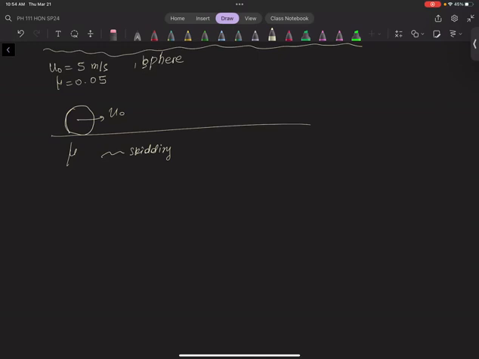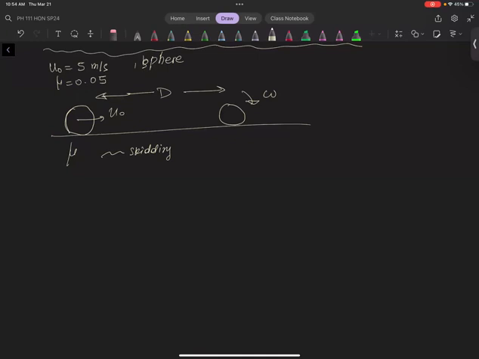No, a sphere, of course. And the question is how many pins it will hit. I'm just kidding. The question is to find the distance where you are going to have pure rolling.